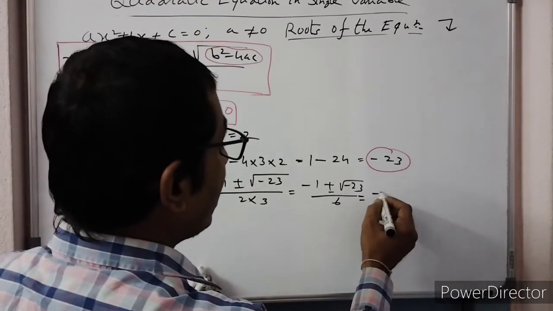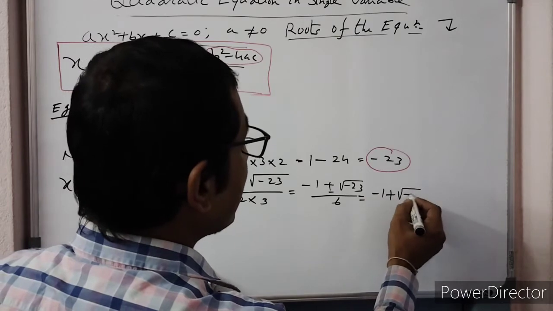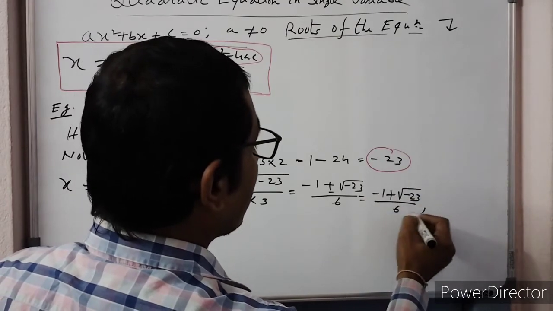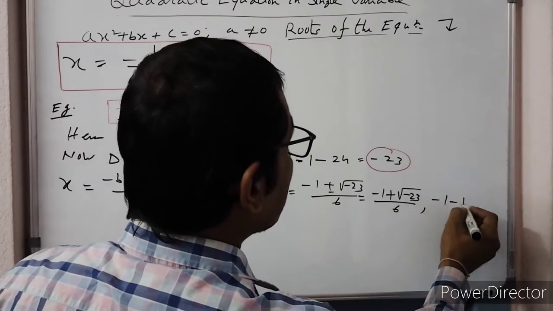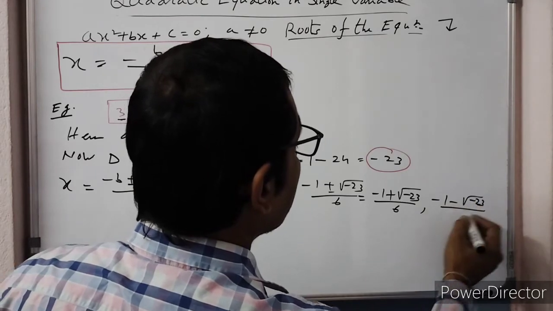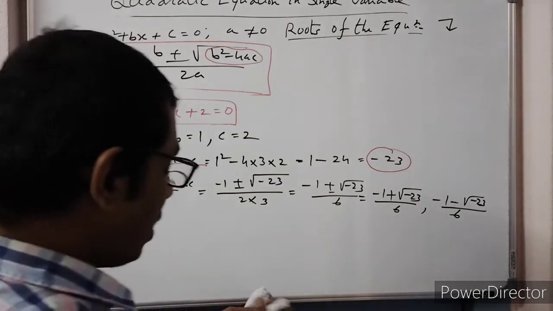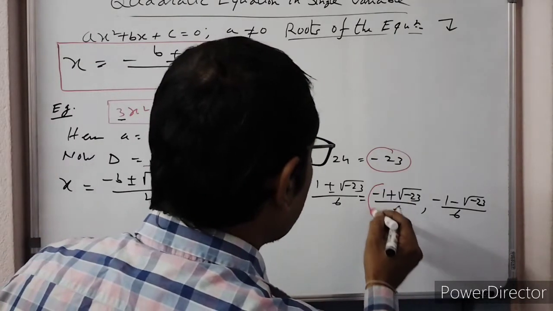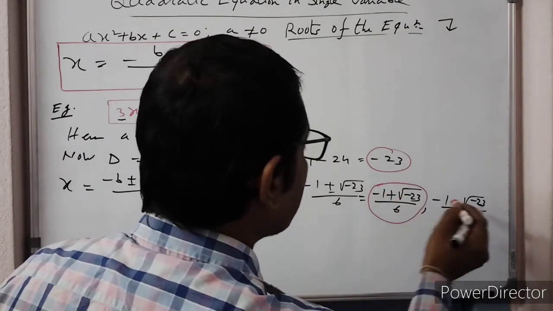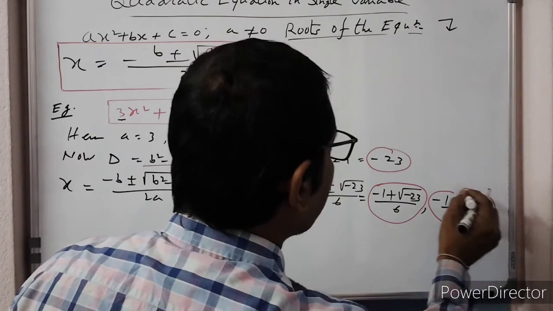So one root is with the positive sign and the other is with the negative sign.